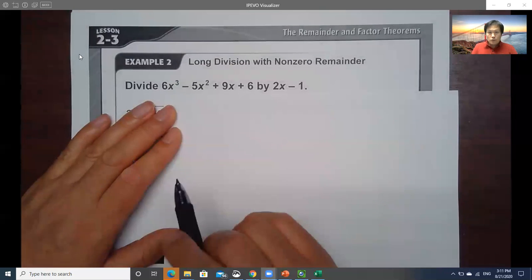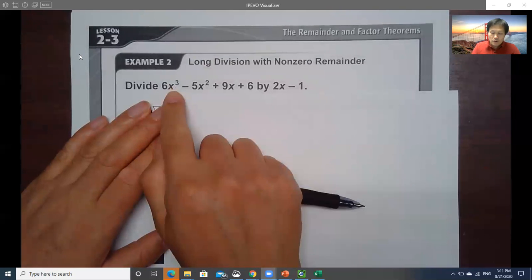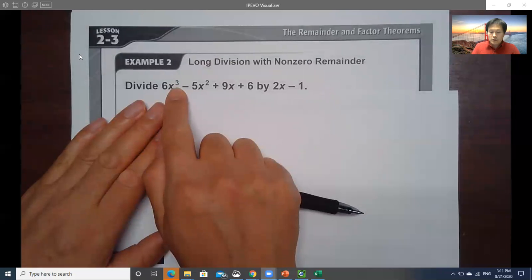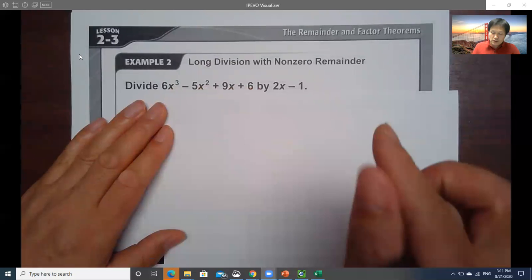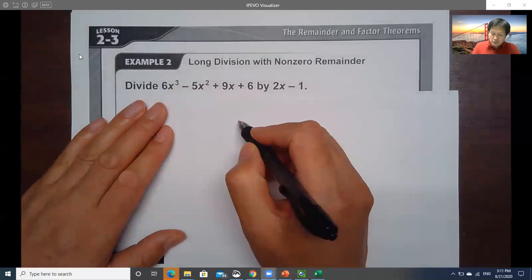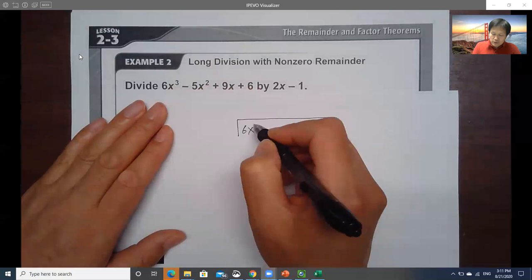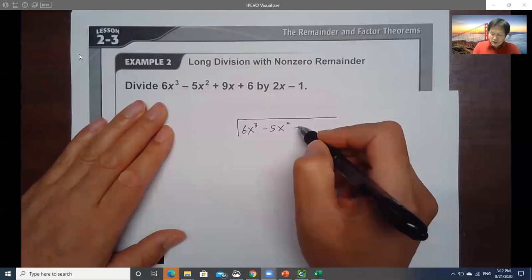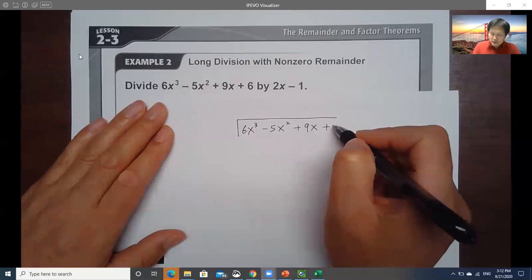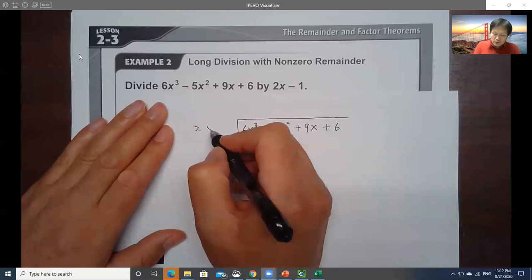So first thing you do when you do long division is checking the power of x. 3, second, first, 0 power. So everything is aligned. So write them down in order. 6x cubic minus 5x squared plus 9x plus 6, divided by 2x minus 1.